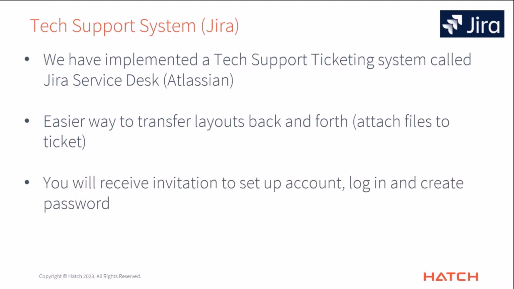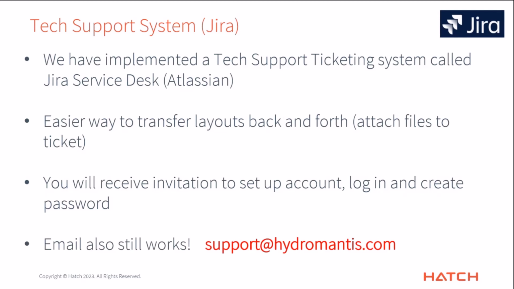So if you send us a question and we want to set it up for you in the ticketing system, you'll receive an invitation to set up your account, give it a password, and then you're good to go. One thing I should mention is that the old way of doing things also still works and still applies. You can send us an email to support@hydromantis.com.